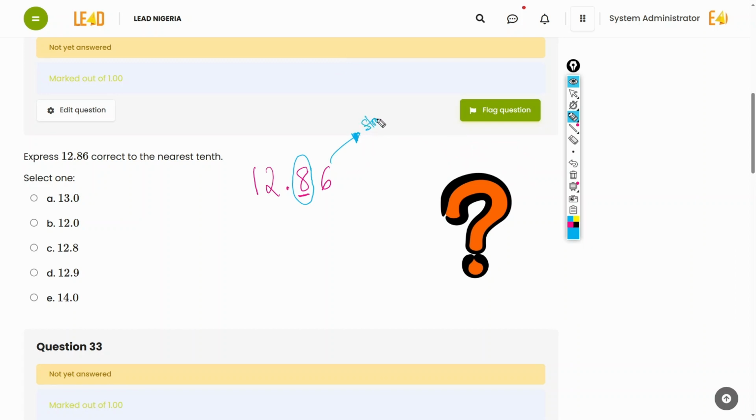Strong. Every digit from 5 and above is strong. So we add 1 because it's strong. So we have 12.9, and this becomes 0. So 12.9.